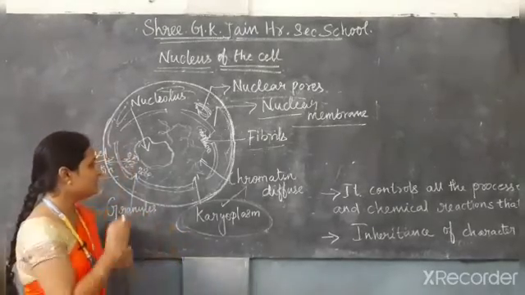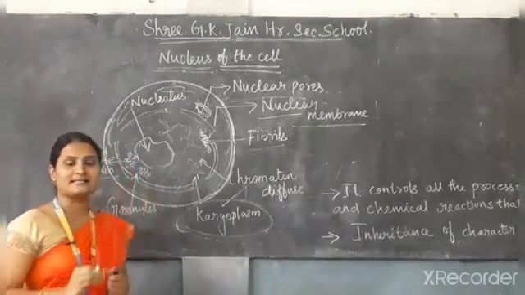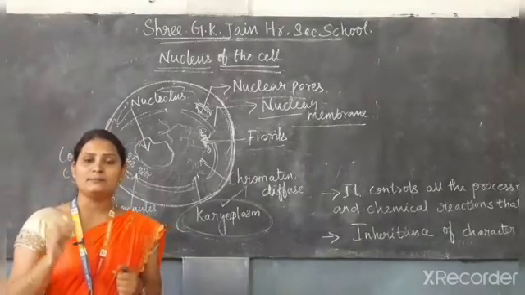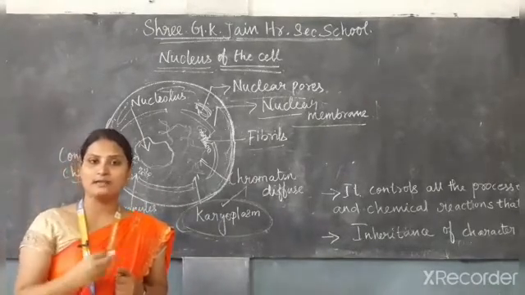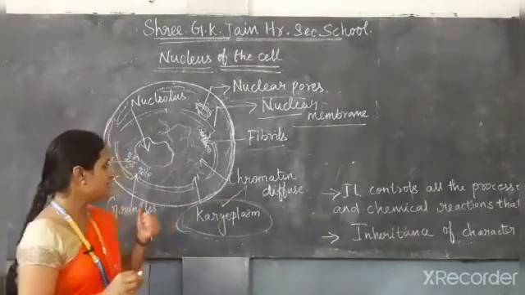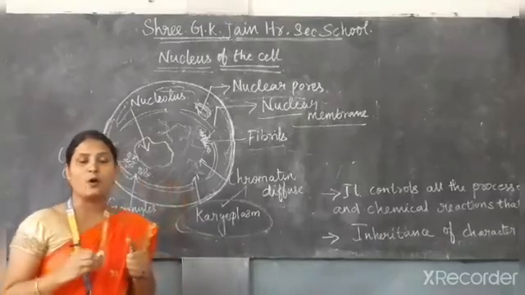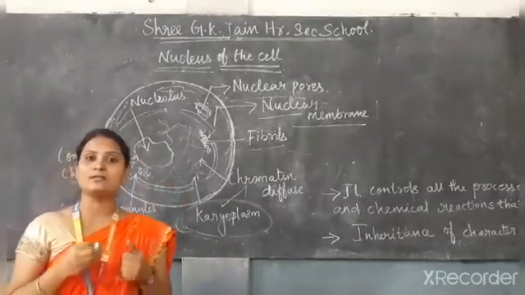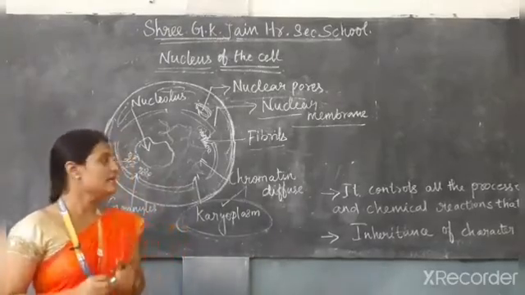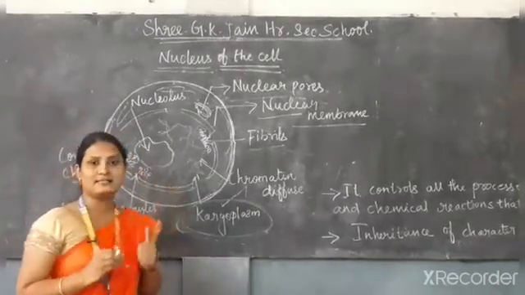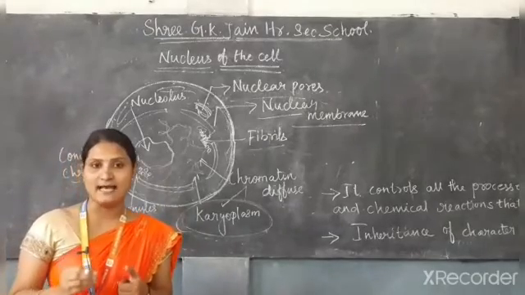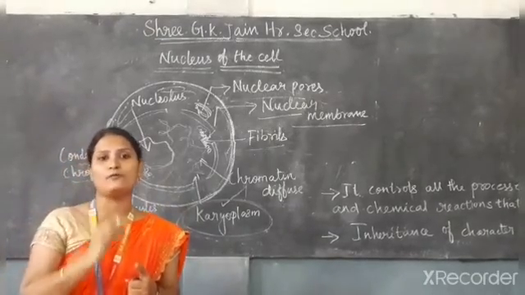It is also considered the brain of the cell, because just as our brain controls all other functions in our body, in the similar way the nucleus controls all the chemical reactions and processes taking place inside the cell. That is why the nucleus is considered the brain of the cell, and it is also called the control room of the cell.